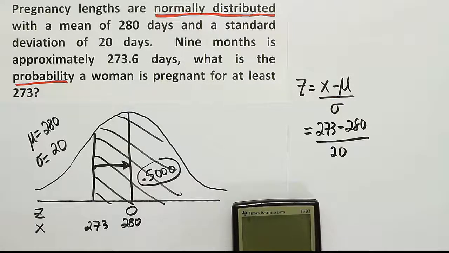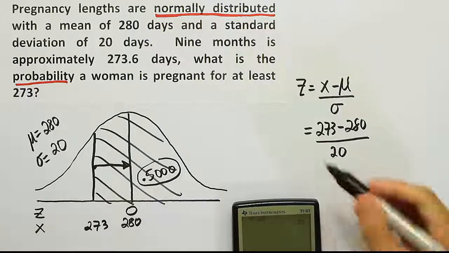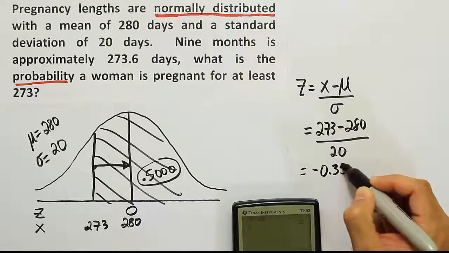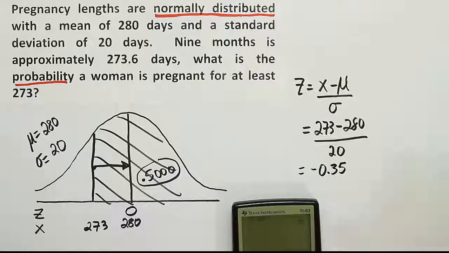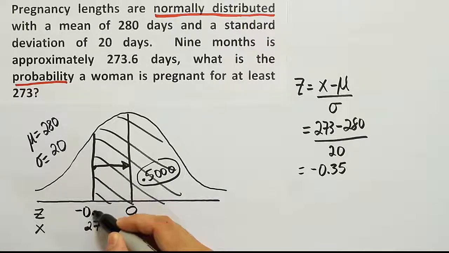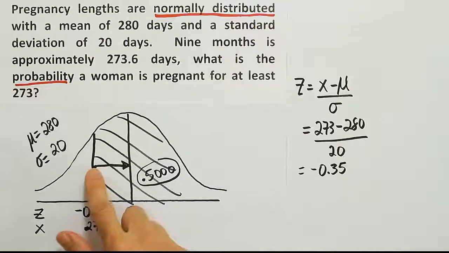So we have a difference here, of course, of -7, so we have -7 divided by 20. And when we're done, we get a small number, -0.35. Okay, so let's put that here, -0.35. And we'll look that up on our z-chart to find the area from this line to the center.